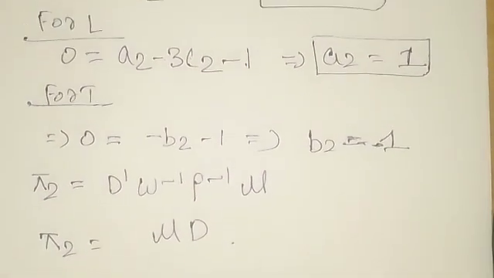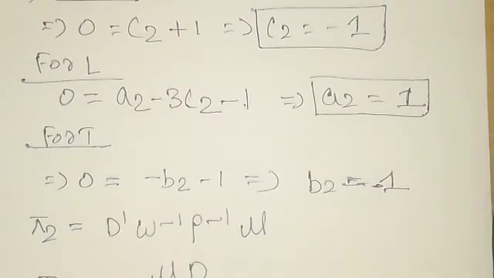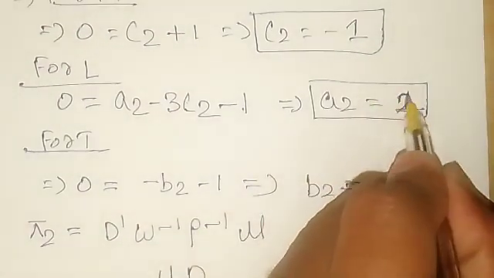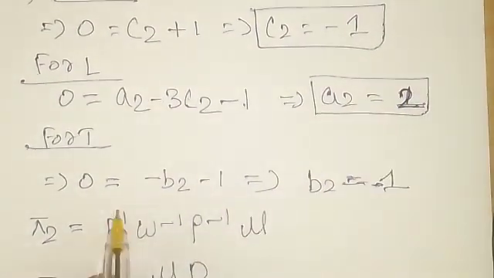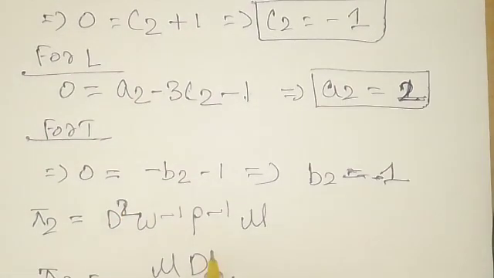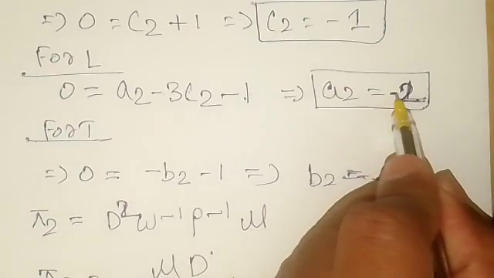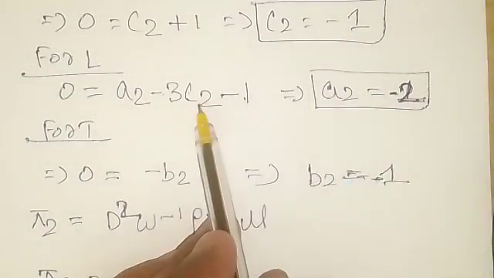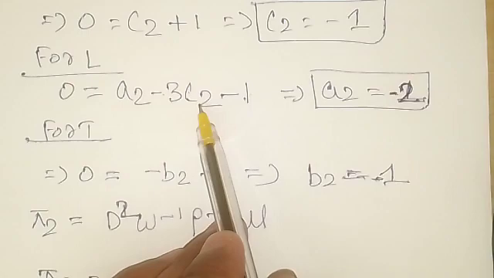I'm sorry, here, a2 is equal to minus 2, that is c2 is minus 1, am I right?